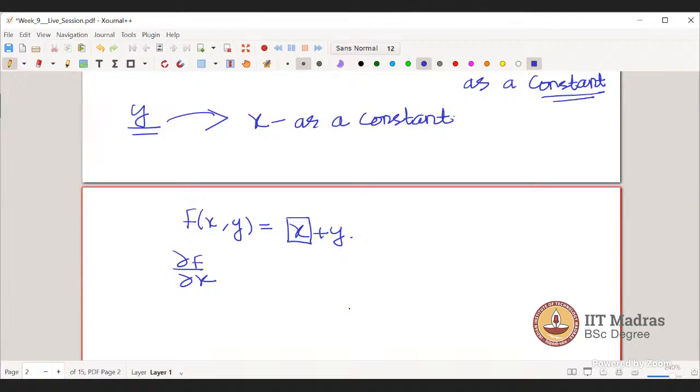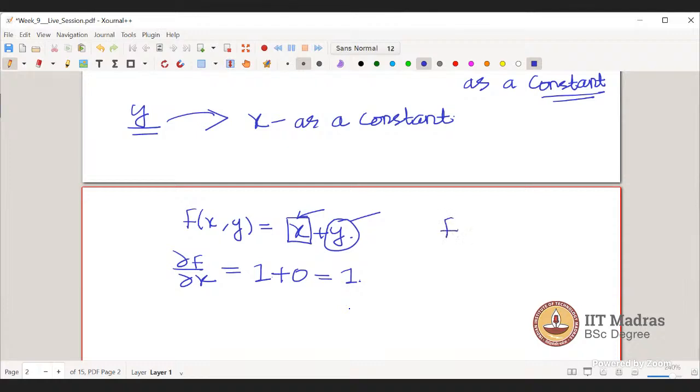The derivative of x with respect to x is 1, and here we treat the variable y as a constant, and the derivative of a constant is 0.